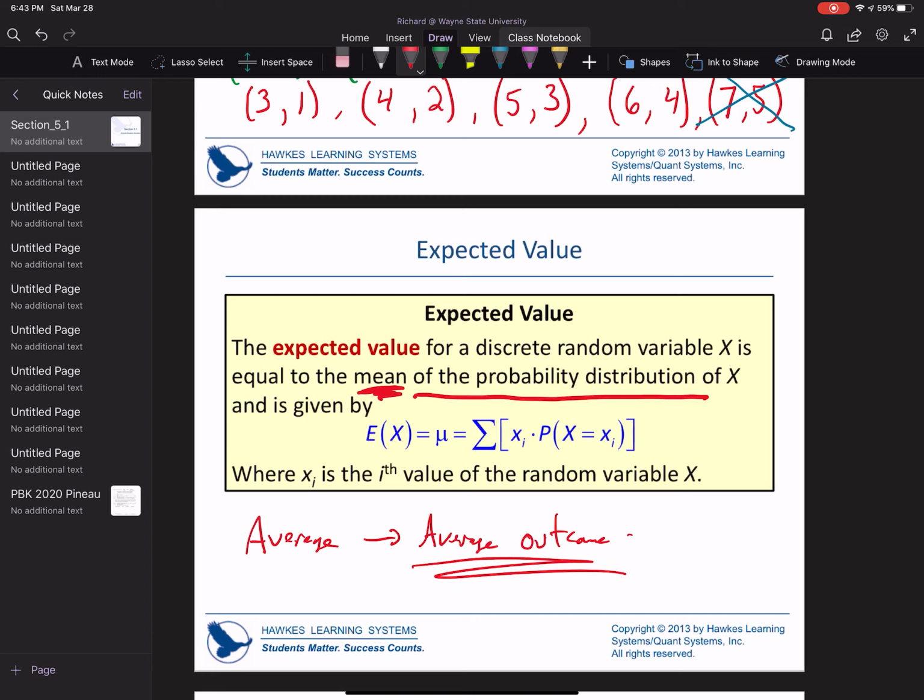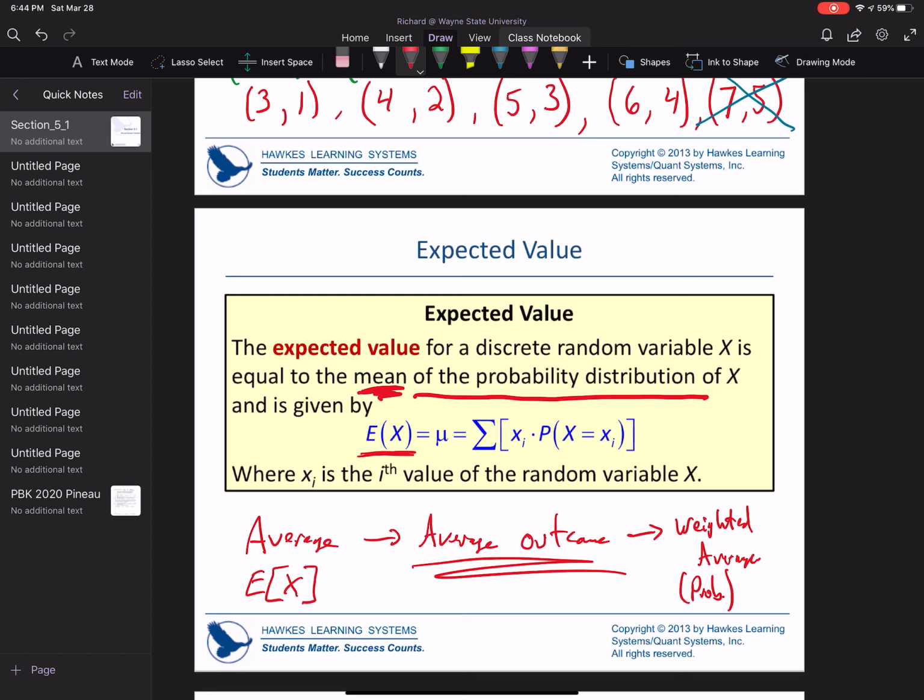And more precisely, I hope you all are sitting down, it's a weighted average. And I know we talked about that in chapter 3. So what are the weights? The weights are actually the probabilities. That's the cool part here. So look at the formula. We use this capital E of x. Usually the notation that I'll use is these hard brackets with x inside of it.